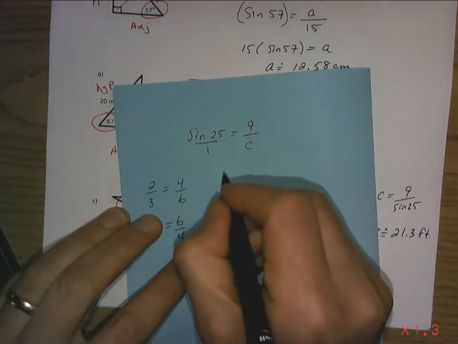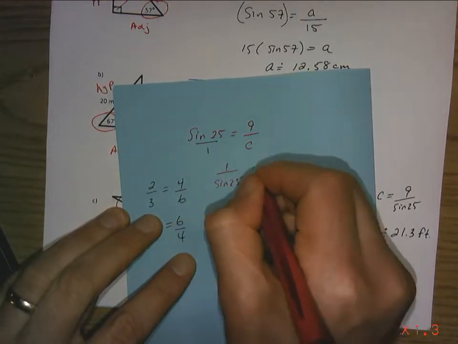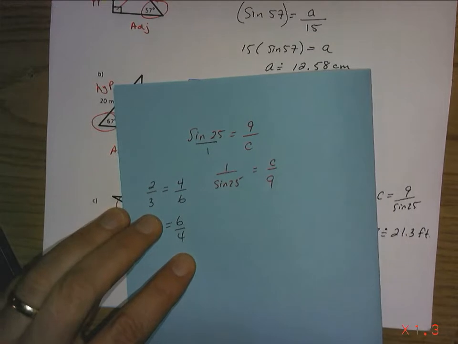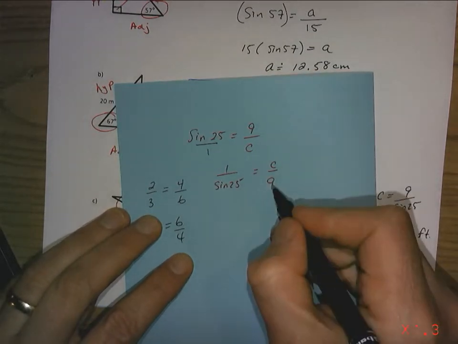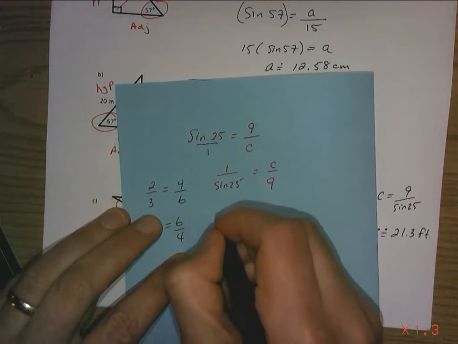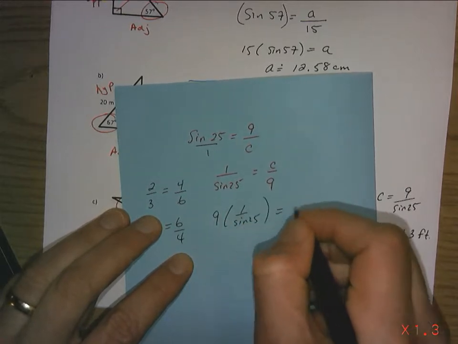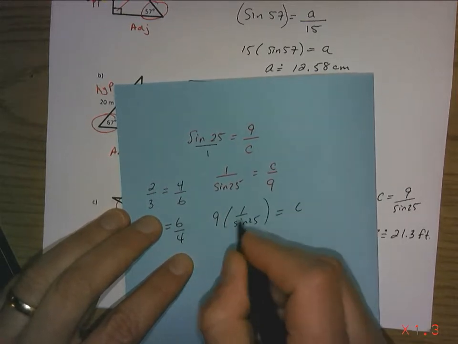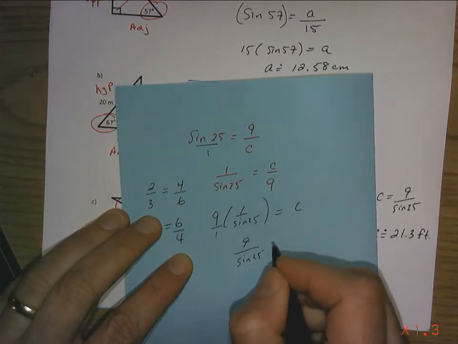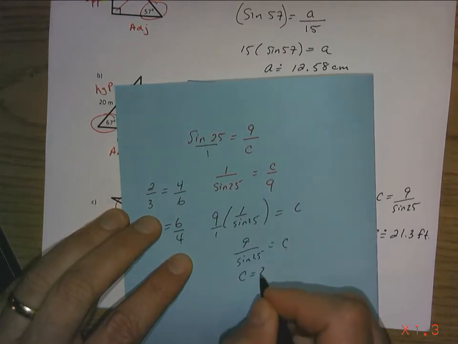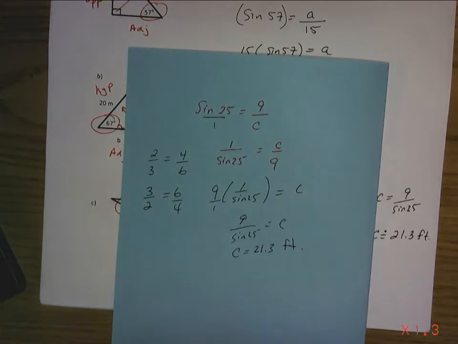So this can become 1 over sine of 25 equals c over 9. That makes it a little bit easier to think about. What's the 9 doing to the c? Division. So I multiply both sides by 9. That actually means top times top, bottom times bottom, 9 over sine of 25, and we get the same answer. And that's a perfectly good way to do it.